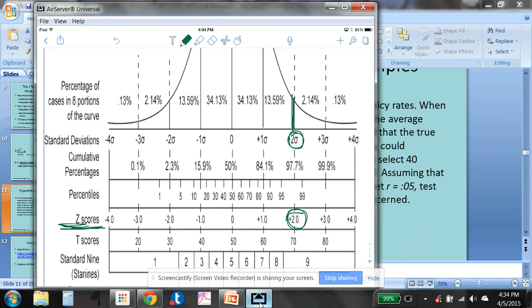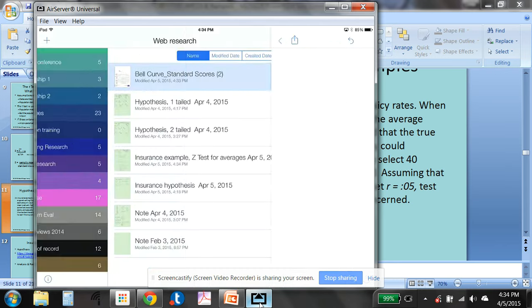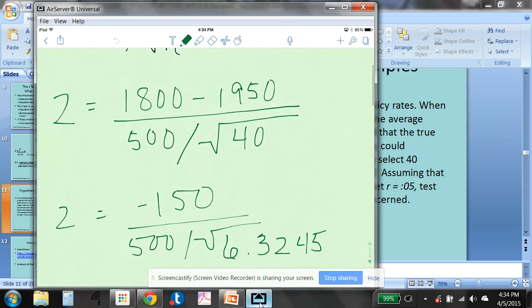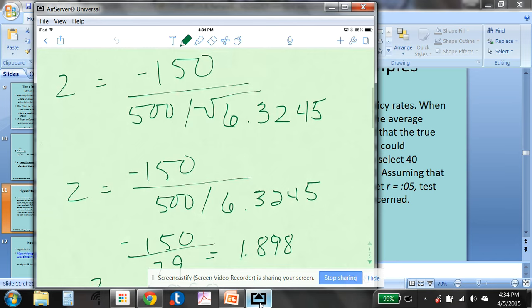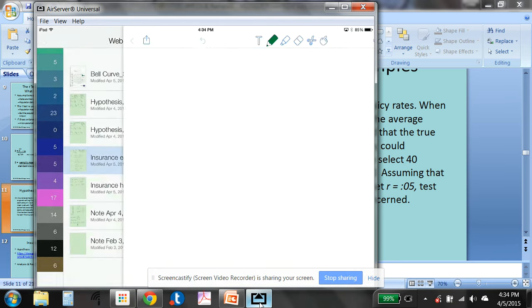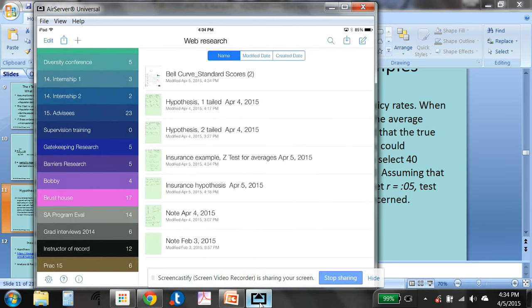So our result would have to fall above 1.96, and that's what it would look like graphically. But we already know our number based on our calculations, and our number was what? 1.898.